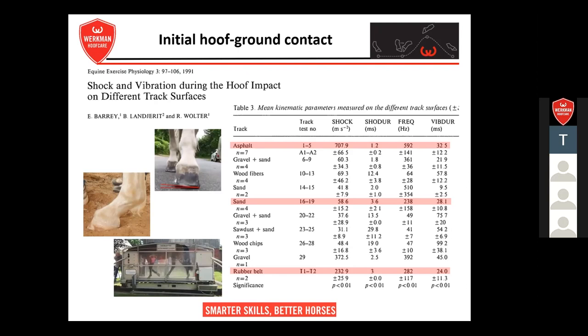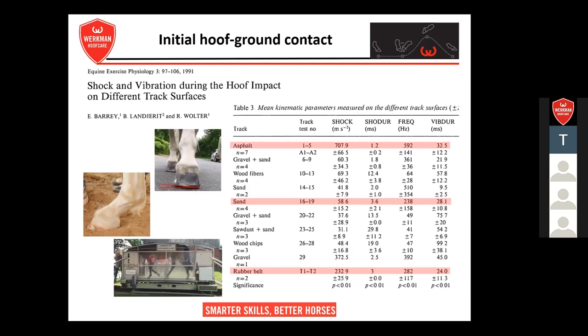Sand is deformable, sand is quite soft, so there's a kind of shock absorption. That's why we have so little shock on sand, but very high vibrations and shock on asphalt. The interesting thing is that on rubber belts, for example, we still have 4 times more shock than on sand.